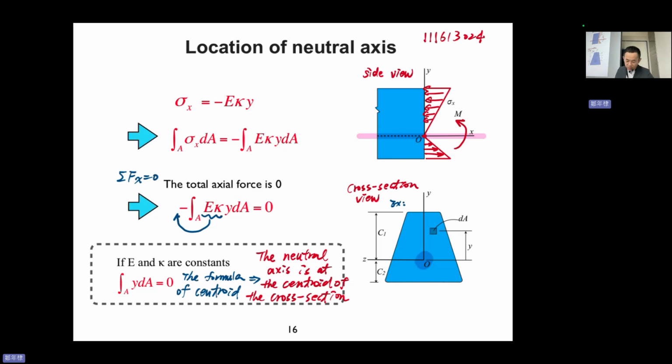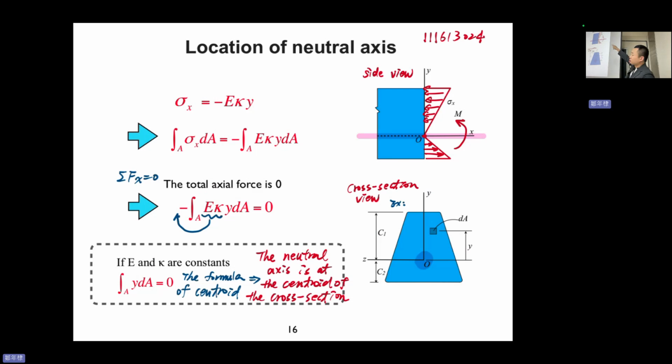So I believe you can know this. Now we have determined the centroid and the neutral axis location. So let's further connect the moment and the stress.